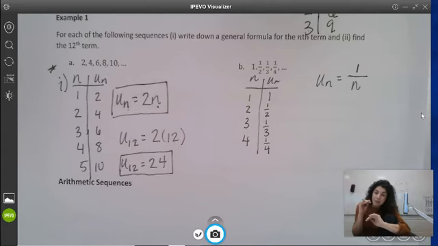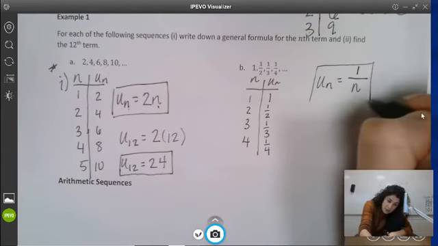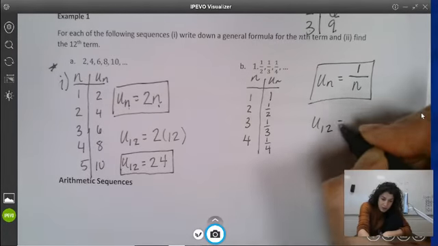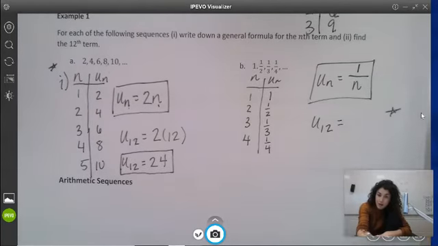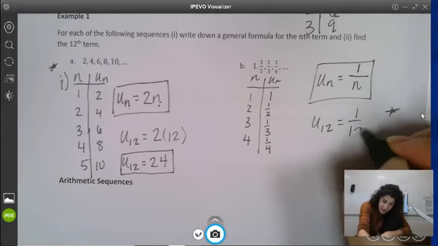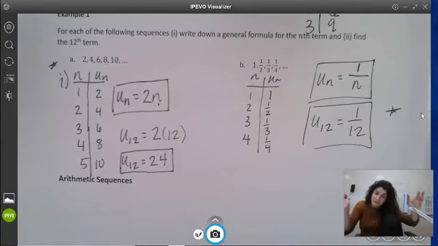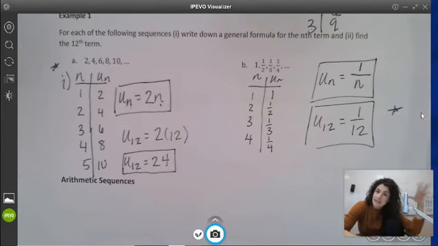Make a table and separate numerator and denominator patterns in order to bring it all together as a fraction. That is your nth term. Really quickly, finding our 12th term, go ahead and write it on your own. It's just 1 over n, which is 1 over 12. All right.